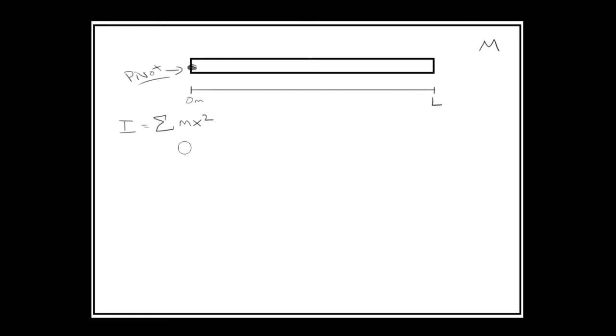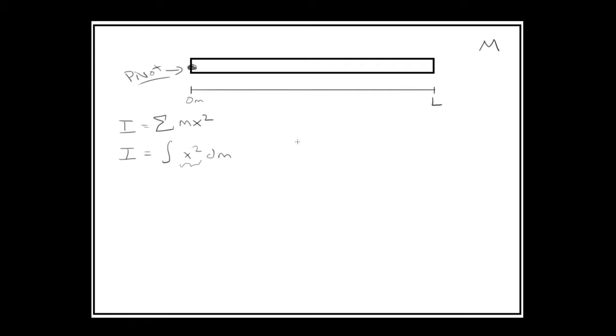We have to use the calculus definition of moment of inertia, which is I is equal to the integral of the radius squared times every small unit of mass, so dm, right? Now, since we're trying to solve for the specific moment of inertia of this long, thin rod, we have to redefine this integral in terms of x, in terms of the distance.